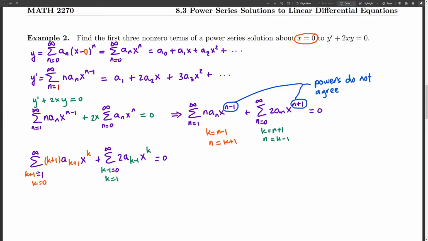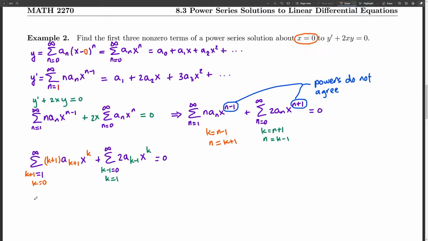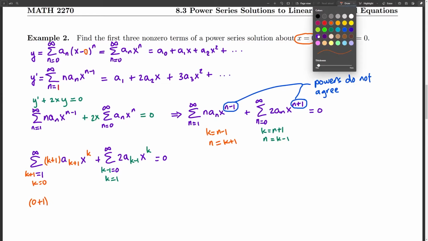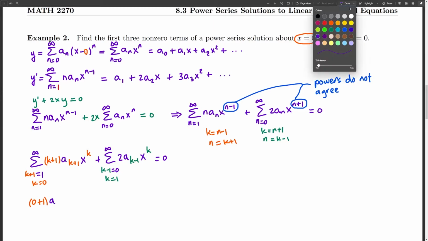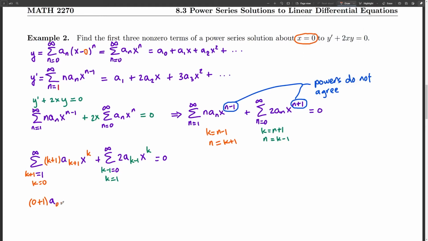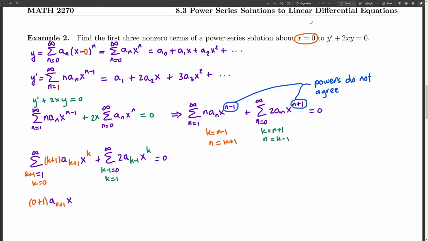Let's pull that outside. So if we plug in k equals 0 here, we get 0 plus 1 times a sub 0 plus 1 times x to the power 0.